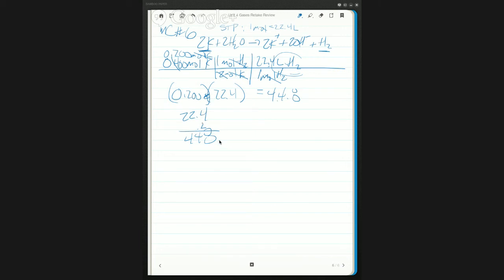There's 2 decimals here, so you can move the decimal place two places. 4.48 liters of H2, and that's C. So that was number 6. There'll definitely be stoichiometry using the molar volume, so you had better be prepared for that.